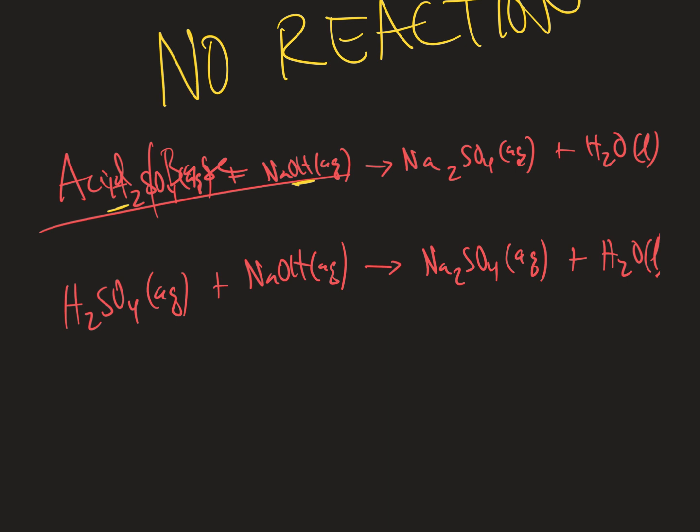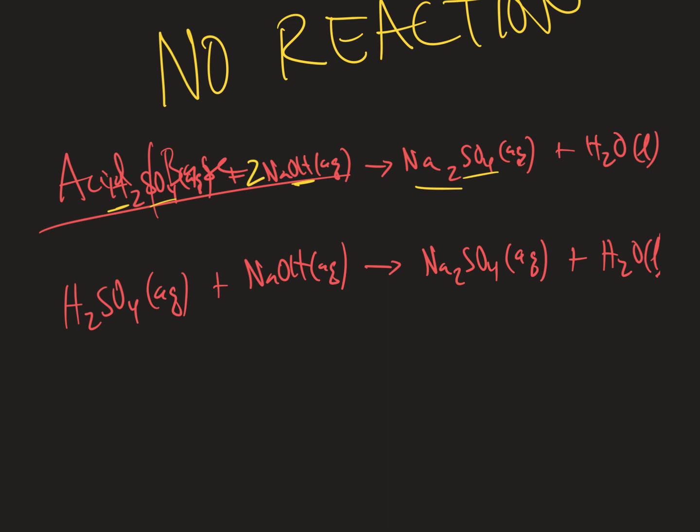Now let's write the net ionic equation. First off, let's balance this. Okay? So we have two sodiums right here. So we better put a 2 right there, yeah? Now let's do sulfate and sulfate. There's one apiece, so we're good there.